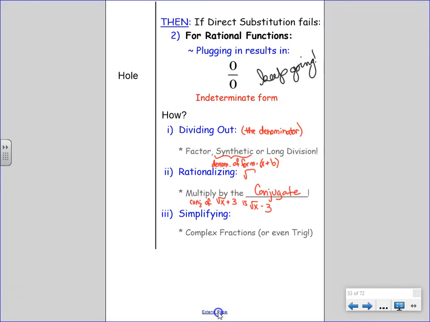Simplifying. I already gave you guys the two cases where we might need to simplify. First part, complex fractions. Do we know how to do that? Hopefully summer packet will review it. Remember, just a quick reminder in case the summer packet didn't stick, multiply top and bottom by the common denominator, meaning by all of the denominators together.